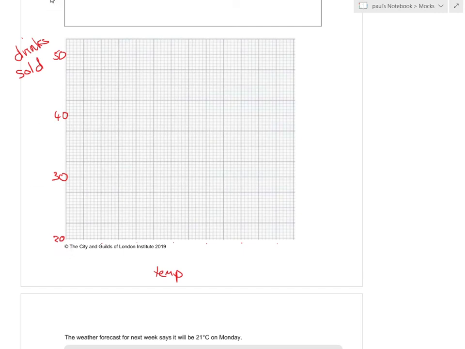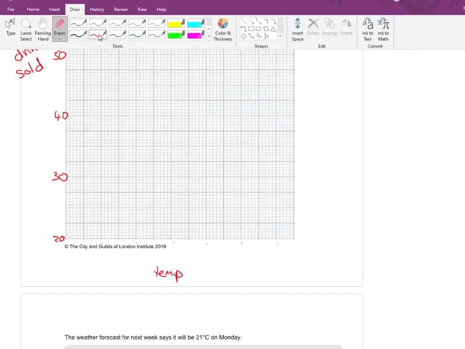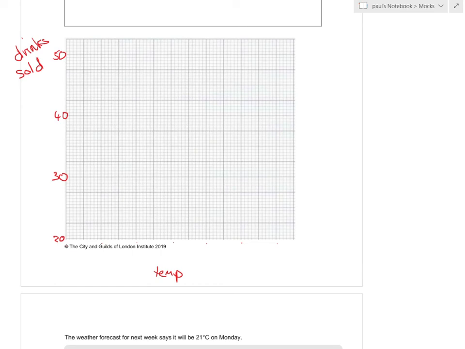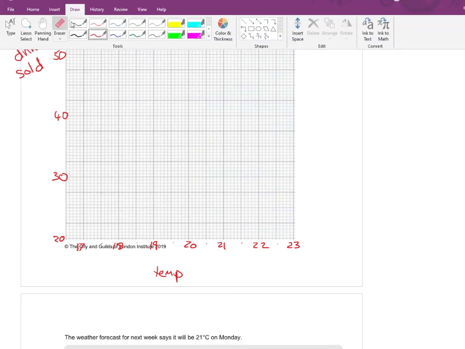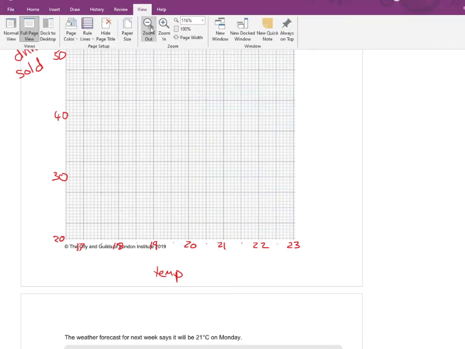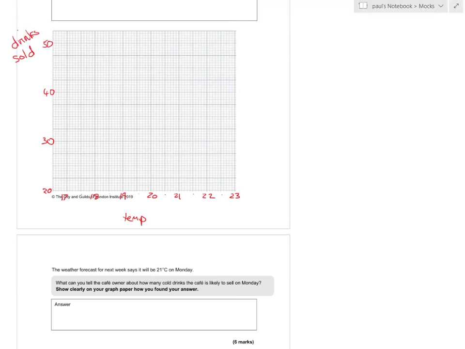So let's try 17, 18, 19, 20, 21, 22, 23. Okay, so we'll go from here. 17, 18, 19, 20, 21, 22, and right on the end, 23. So I'm going to make it a wee bit smaller so that I can see the numbers at the same time.